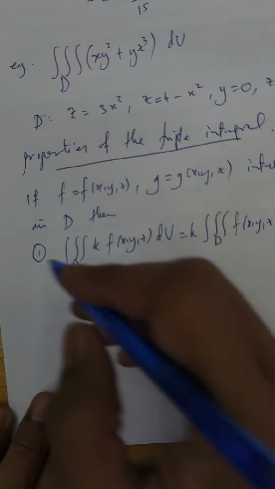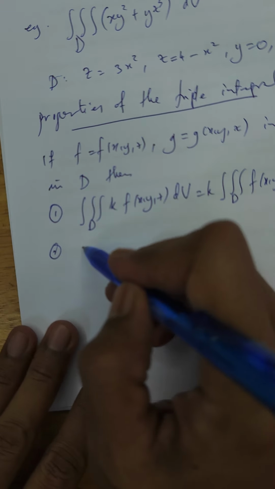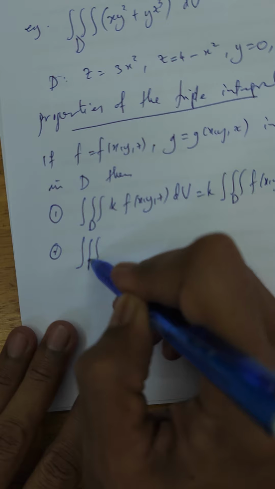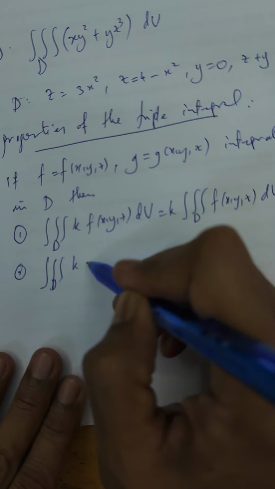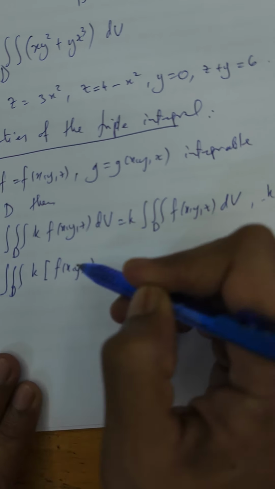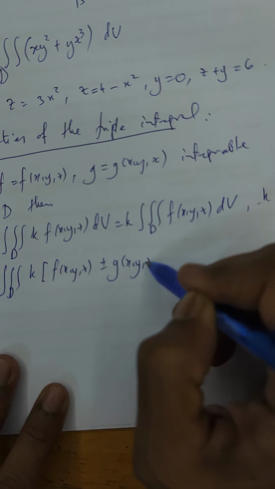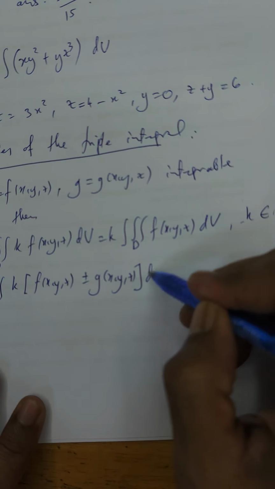And then number 2, we integrate over D of k f x y z plus or minus g x y z dV.